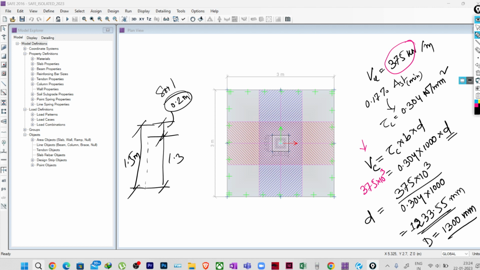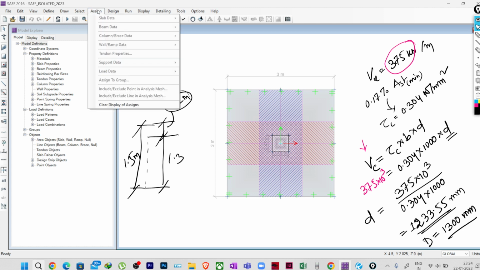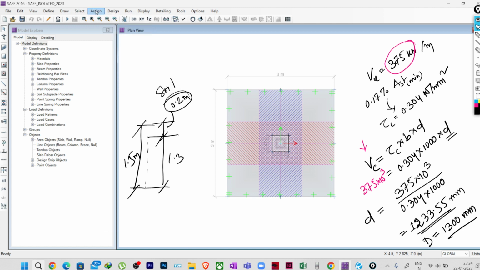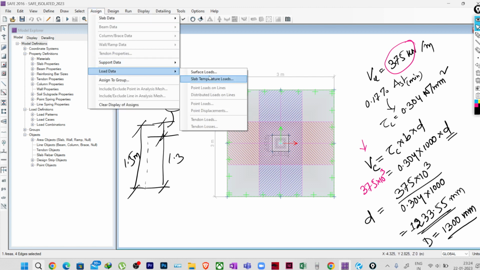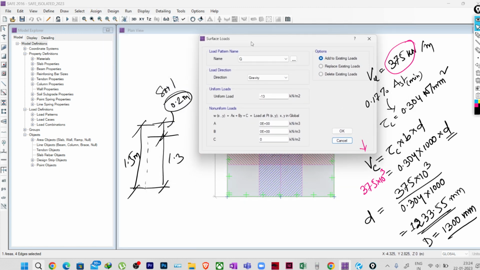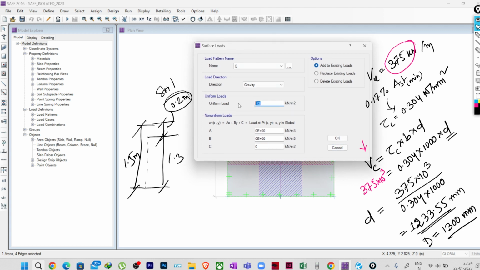So let me go to assign, select this member, assign load data, surface loads, and I will replace this load of 13 kilonewton per meter square. It will now be 0.2, the depth of your soil area, multiplied by 18 kilonewton per meter cube. So 18, enter.